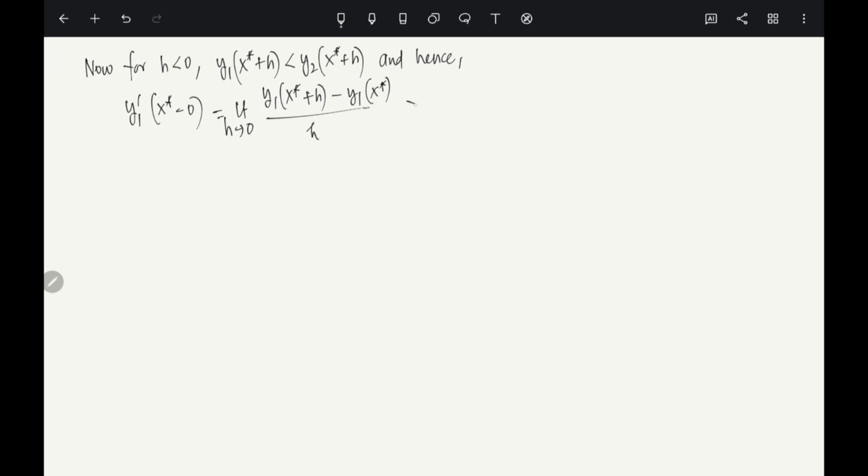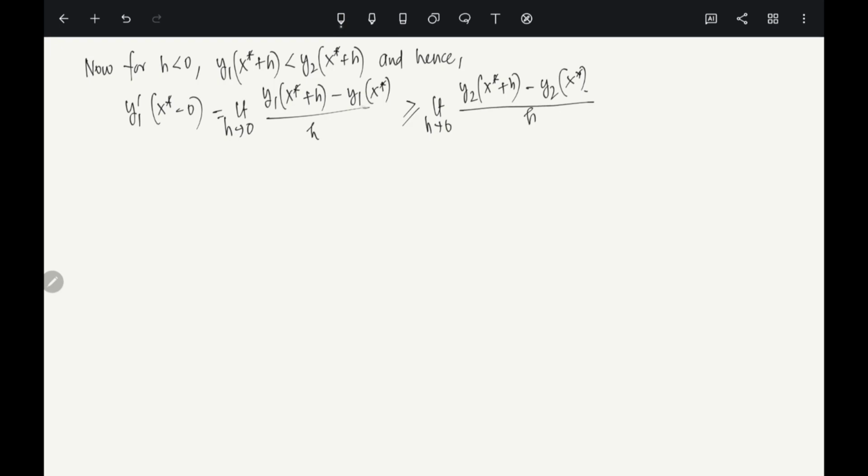So this is again dominated by the limit as h tends to 0 of y2 of x star plus h minus y2 of x star, by h. Okay, so why this greater than or equal to sign?